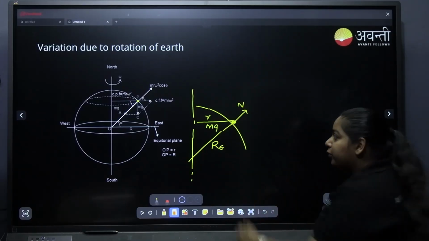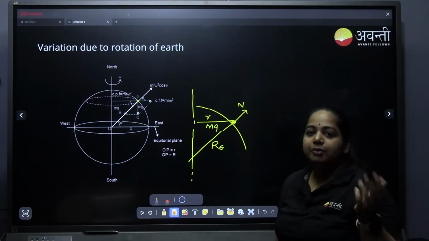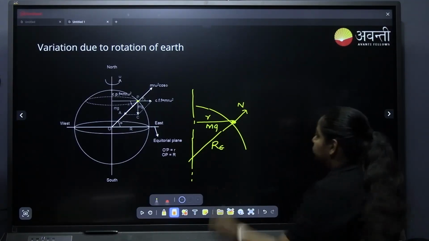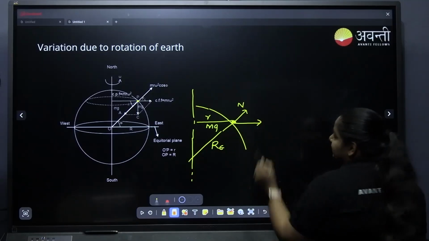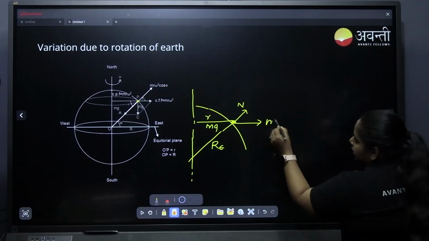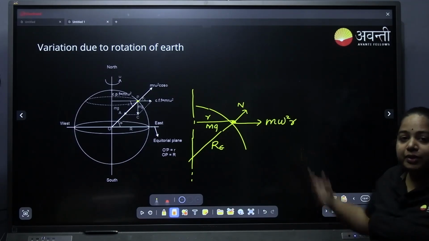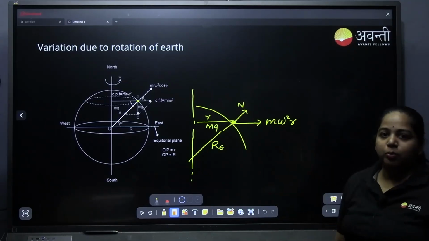Due to the rotation there will be a centrifugal force, which we learned about, acting outwards in this direction. Centrifugal force is equal to m omega square r, or mv square by r written in terms of omega.